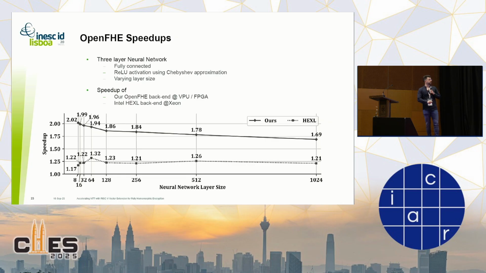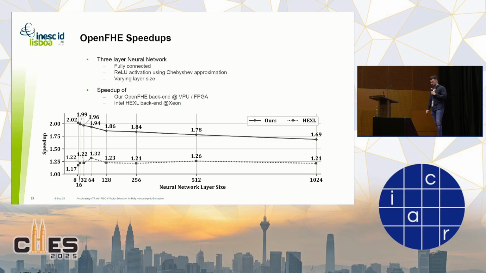On the x-axis here, we're varying the network's layer size. And what we observe is that the speedup of our implementation running on the VPU seems to outpace the HEXL speedup by quite a decent margin. Interestingly, we also see that the speedup decreases as the neural network layer size increases.